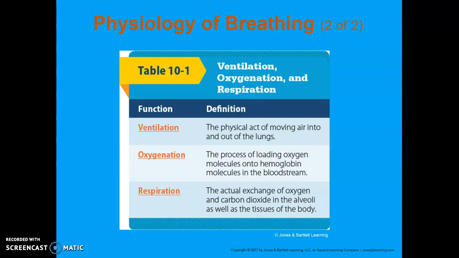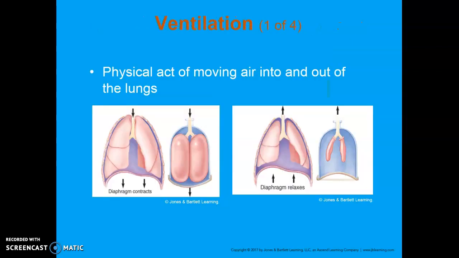Respiration is that exchange of oxygen and carbon dioxide at the cellular level. So ventilation is that moving air in and out of the lungs. What this is trying to show you on the screen here is how air gets in based on muscular contraction.